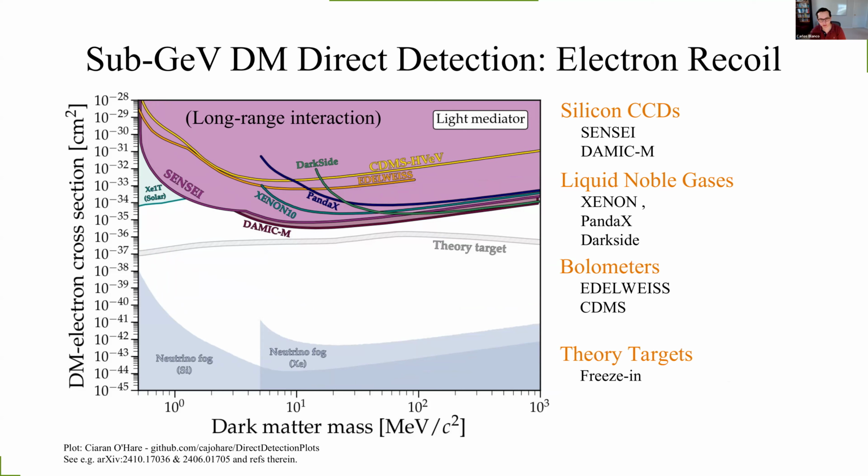The theory target here becomes freeze-in. So this is that thin line that I was telling you about. It makes a very concrete prediction for one of the few models that you can put in this space, but it's a real good model that consists of an ultralight dark photon that freezes in some dark matter particle of order an MeV.